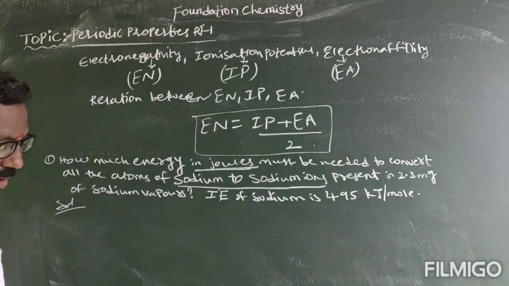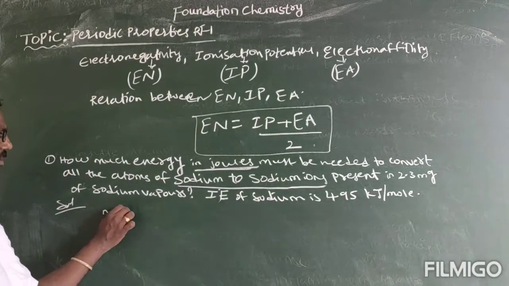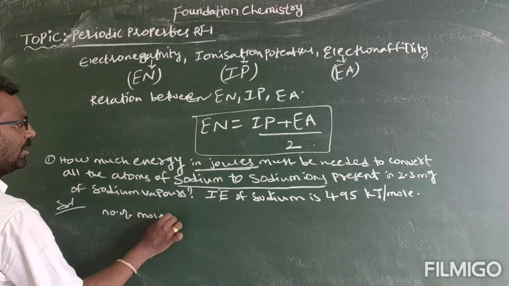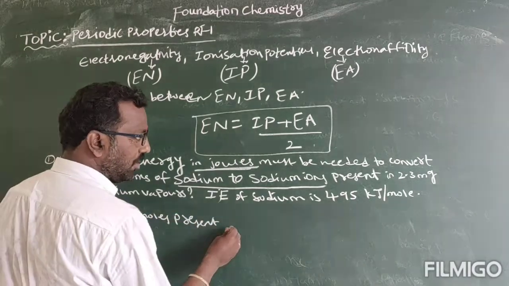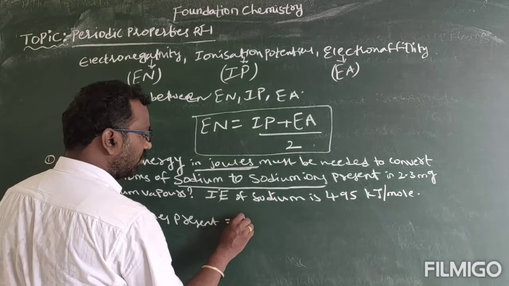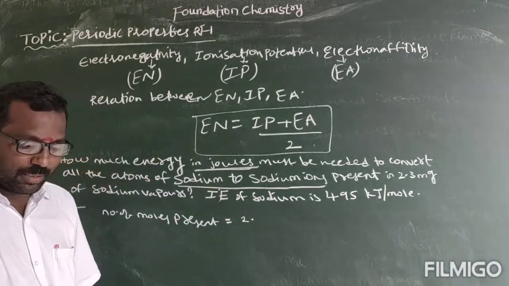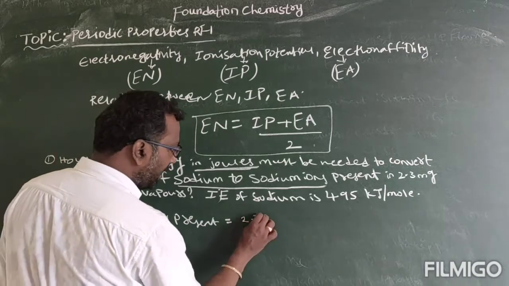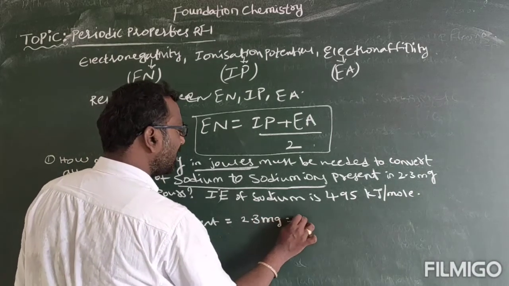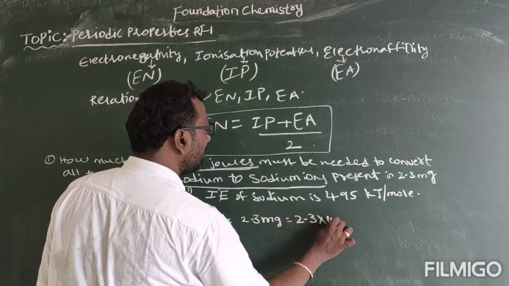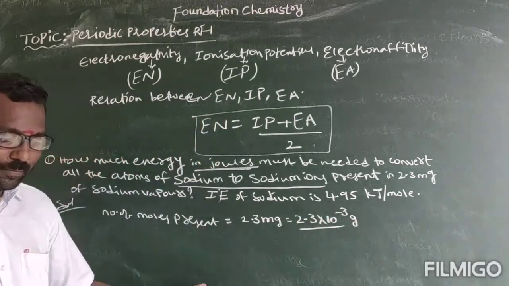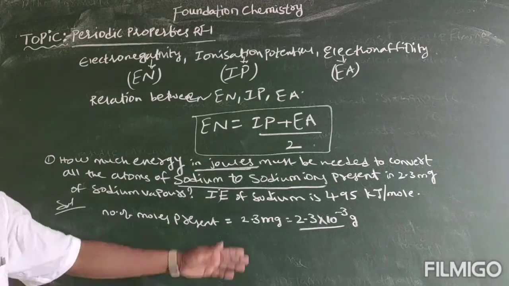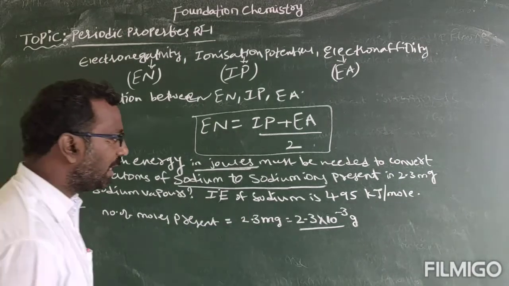So number of moles present is equal to weight by molecular weight. Weight is 2.3 milligrams. So it is nothing but 2.3 into 10 power minus 3 grams by its molecular weight.